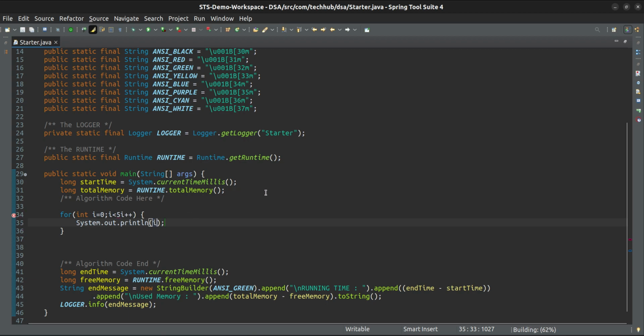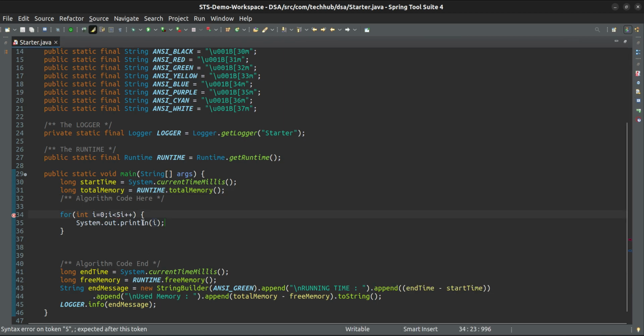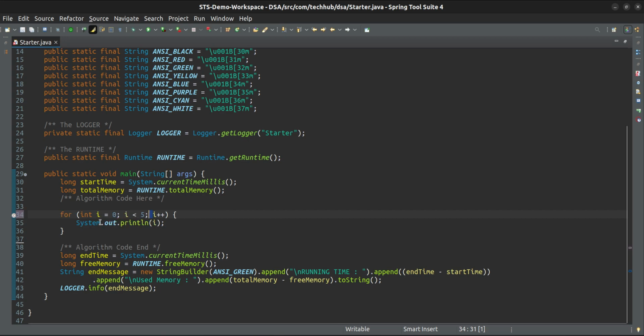In this case also the output will be the same. Currently the output is 1 to 5; again it will print from 1 to 5 only. You can take less than or equal to 5, that is also fine.